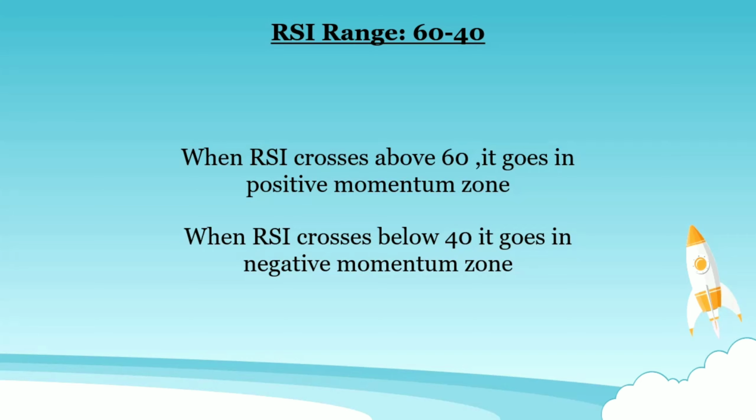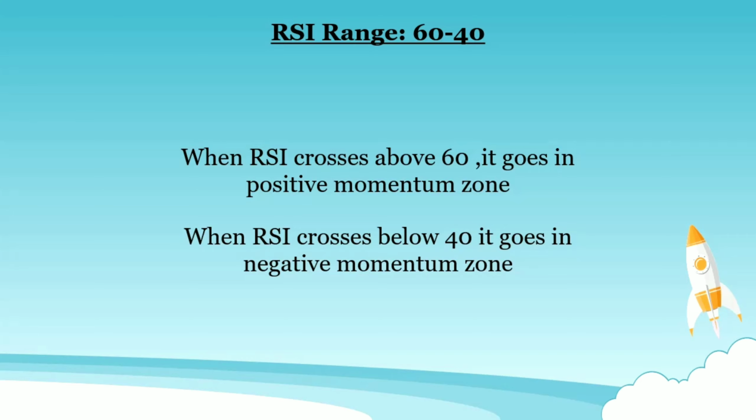This range is not quite well known to most people, but this is a very important range where you can actually capture the right momentum in the price, because RSI is a momentum indicator, so you need to capture the momentum and the strength of the price, and that's what the use of RSI is.